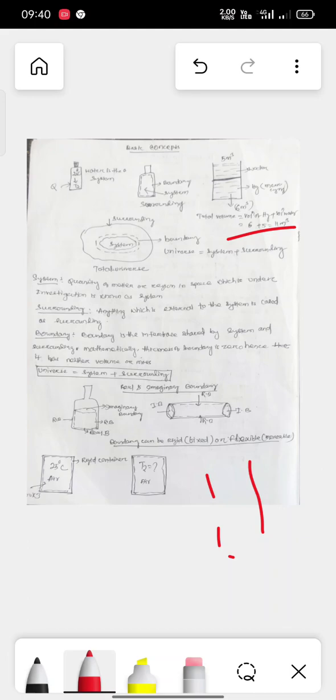Similarly, look here. Inside, the space I have written is the system. Just outside the system, I have written the boundary, and anything outside the boundary is your surrounding.